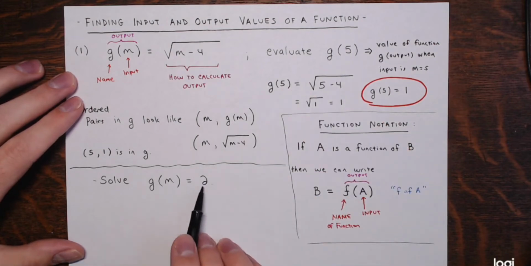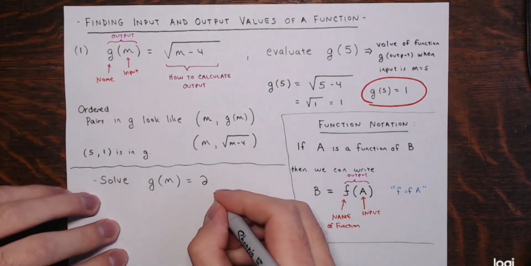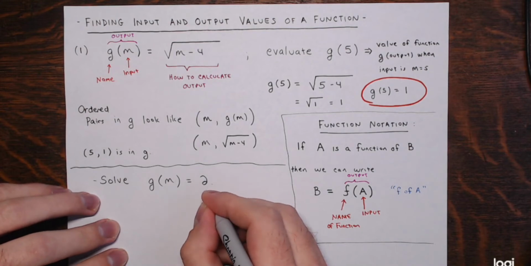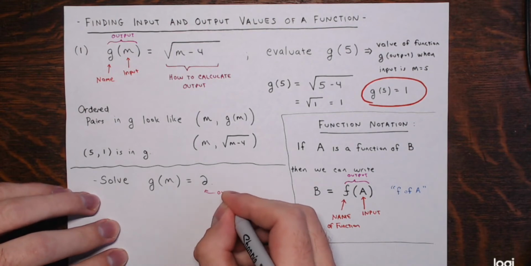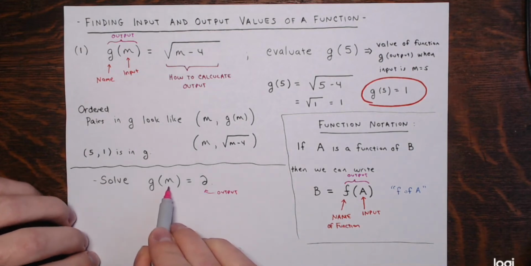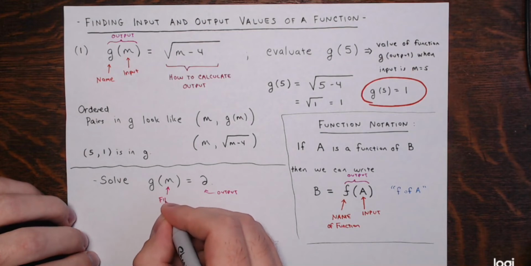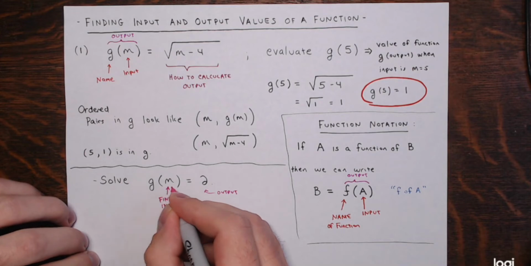Here, remember, g of m is equal to the output. So here I'm given an output, 2. The number 2 is an output, and I have to find the input. What values of m give me an output of 2?